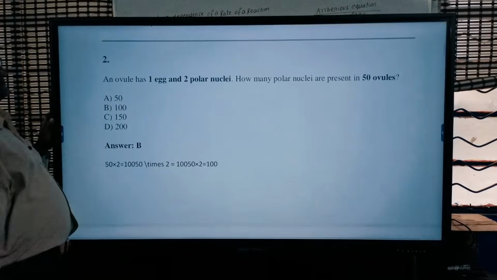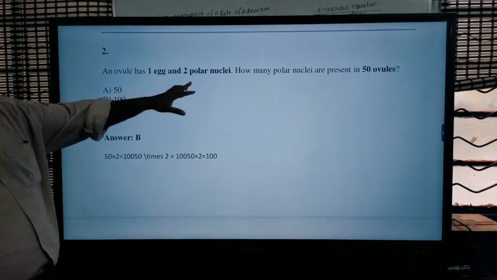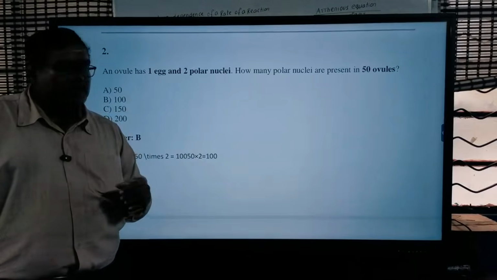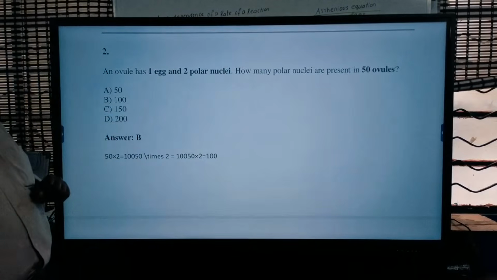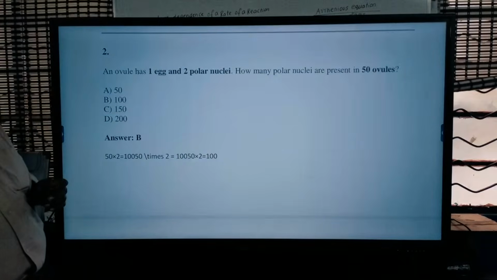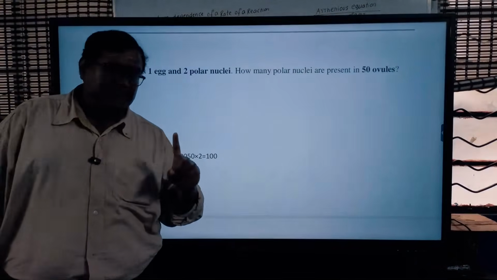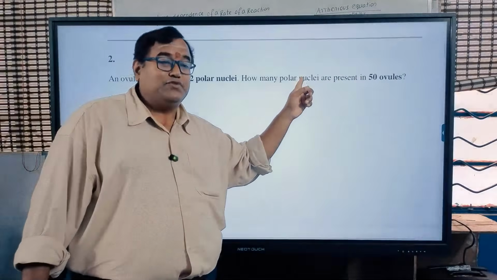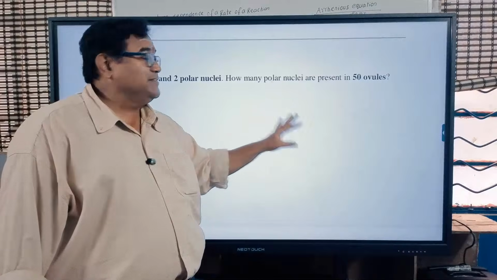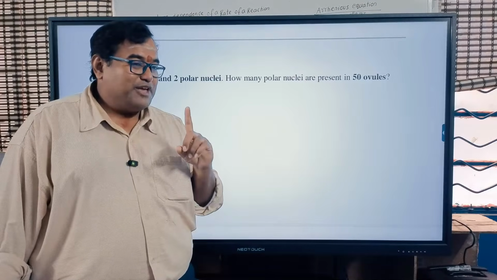An ovule has one egg and two polar nuclei. How many polar nuclei are present in 50 ovules? In one ovule, they said polar nuclei, plural.